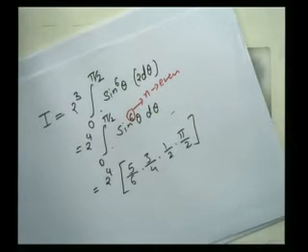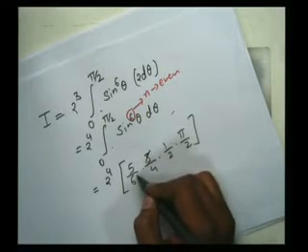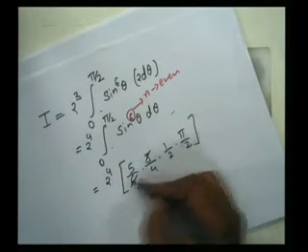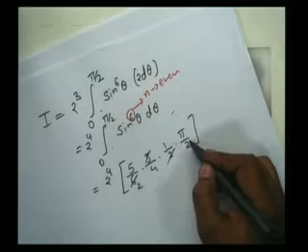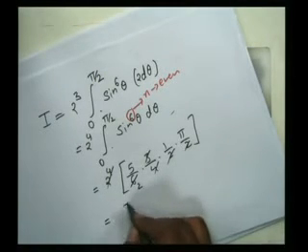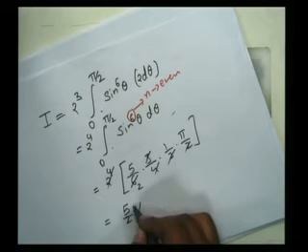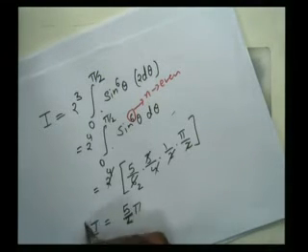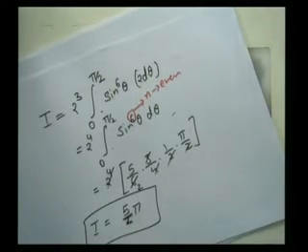These three 2s and 2 raised to 4 are cancelled. Now the result is 5 by 2 into pi. Therefore the result is 5 by 2 into pi.